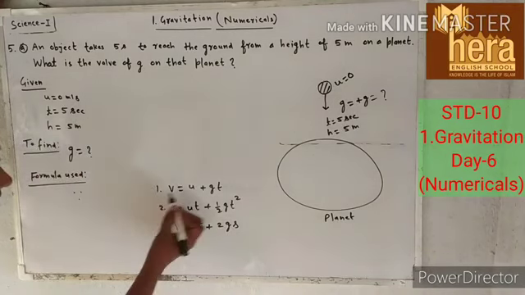Not given. It means if you use this third one, there are two unknown variables, so we can't use this one. If you use this one, S is given or not? Yes, S is given. U is given. T is given. G is not given, we have to find it. It means we have to use this formula. Okay?